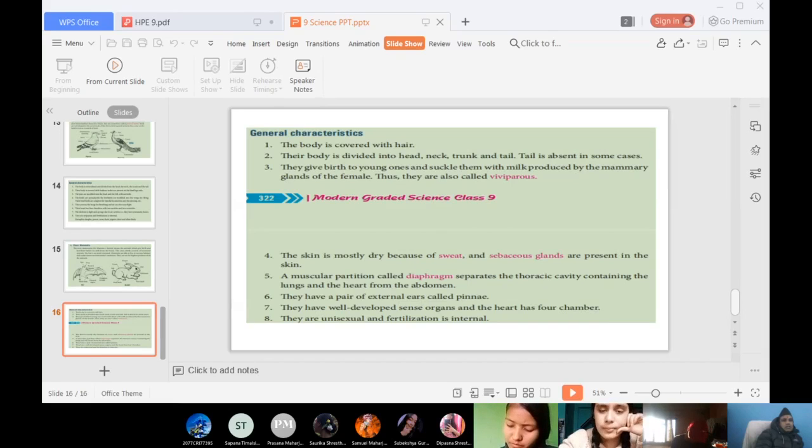And they are viviparous. What is viviparous? They give birth directly and do not lay any eggs. They give birth to their young ones.